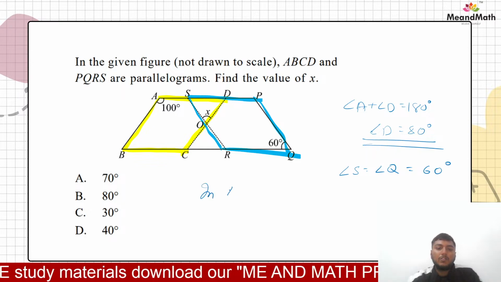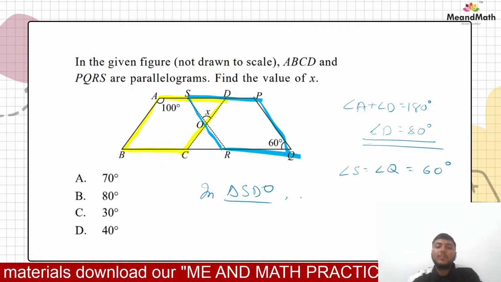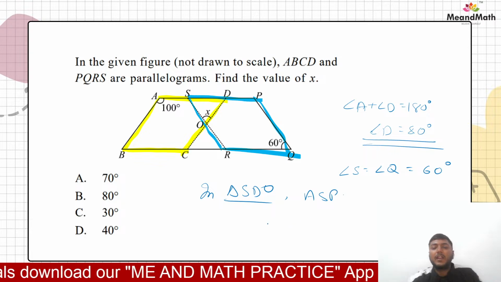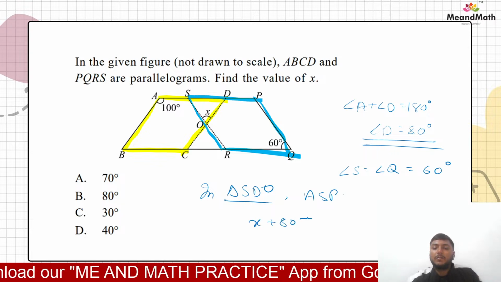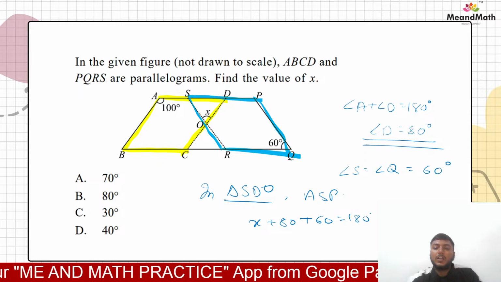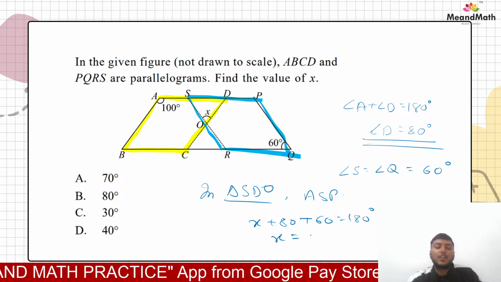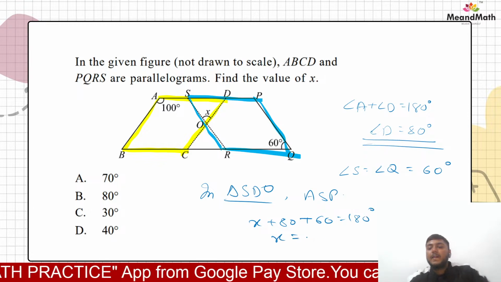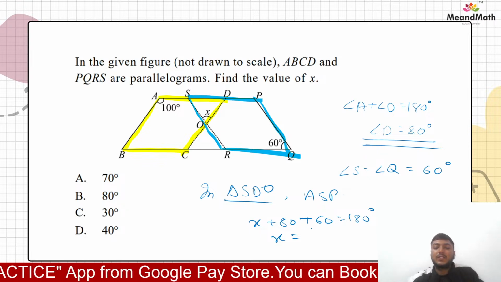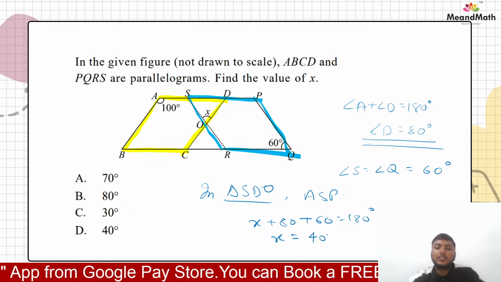Now in triangle SDO, we can apply the angle sum property of a triangle. So x plus 80 plus 60 would be 180 degrees. So x would be 180 minus 80 minus 60, so that would be simply 40 degrees.